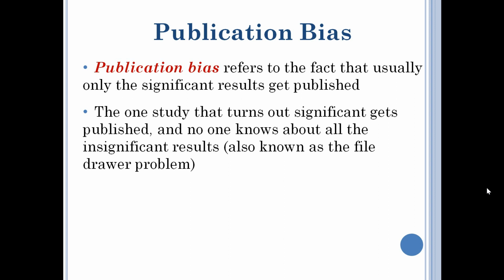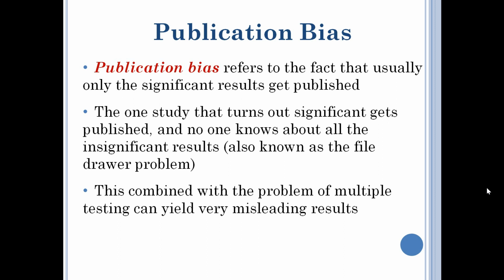However, we just saw that there are times when we reject a true null. Basically, we are showing significant evidence even though we shouldn't be. So if every significant result gets published, we might be publishing something that is not true. So let's see an example and then we'll talk about how we can avoid these two problems.